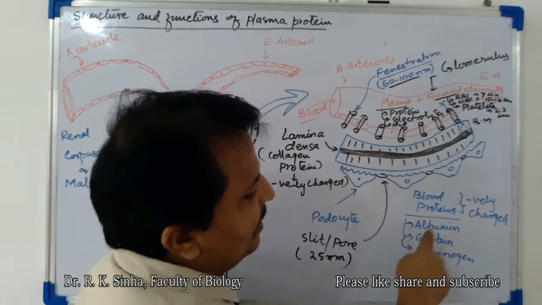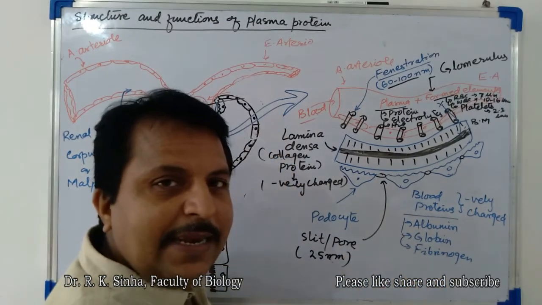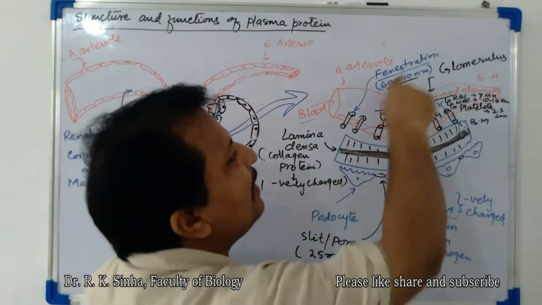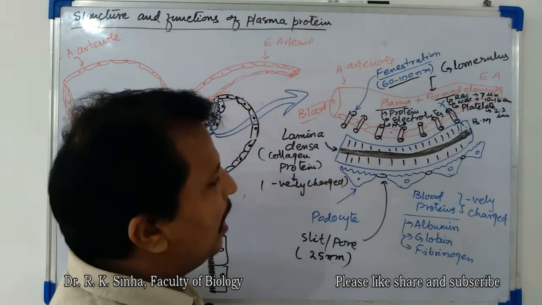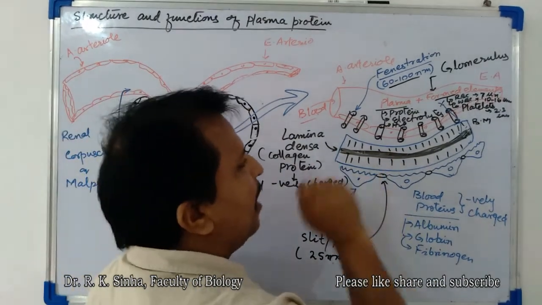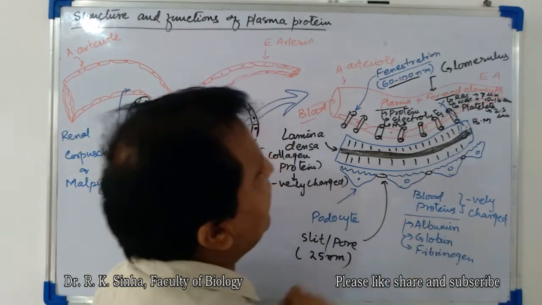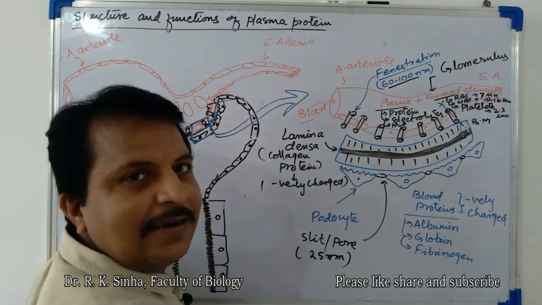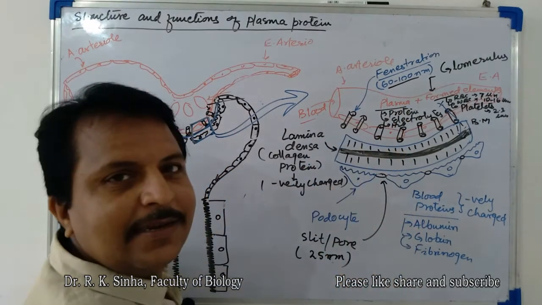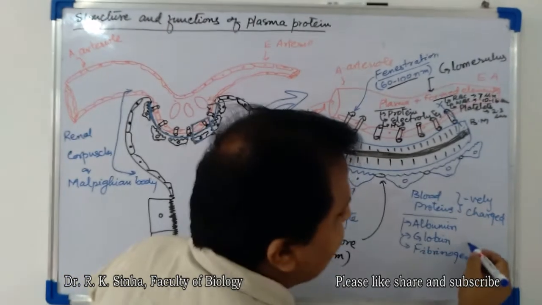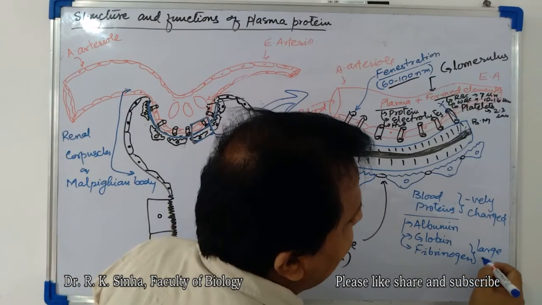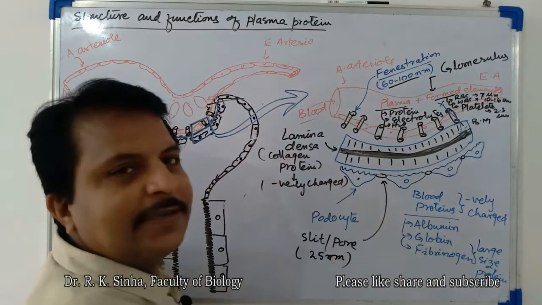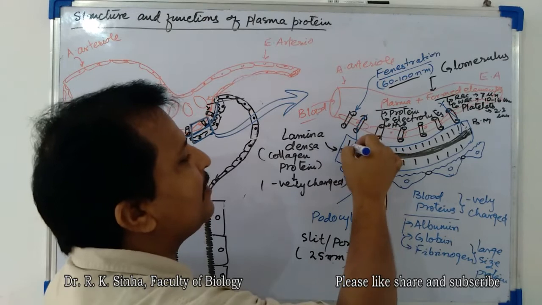The albumin protein is very small in size and could pass through this fenestration, but it cannot pass because this is also negatively charged and it repels the protein. The large size proteins also cannot pass through these fenestrations.